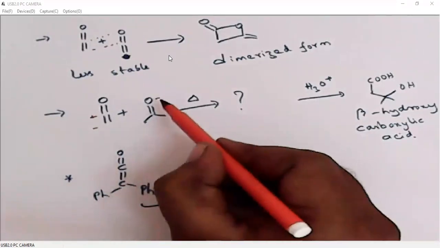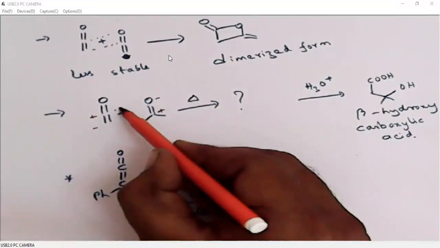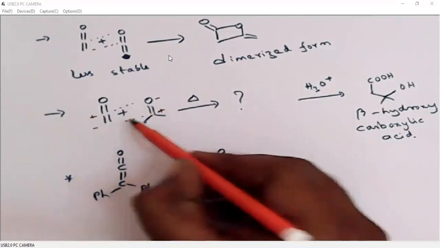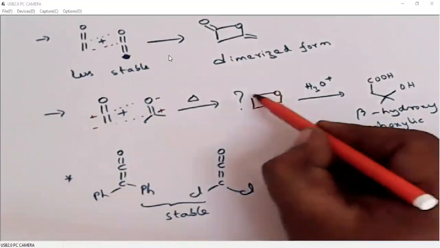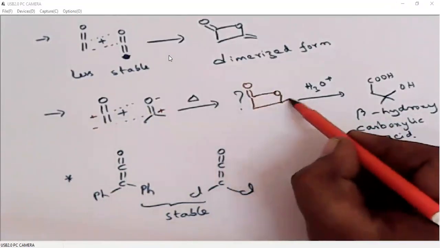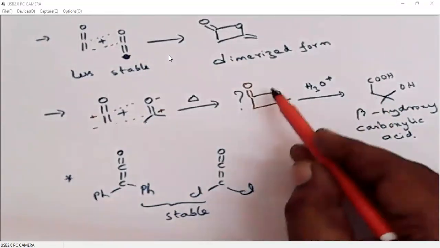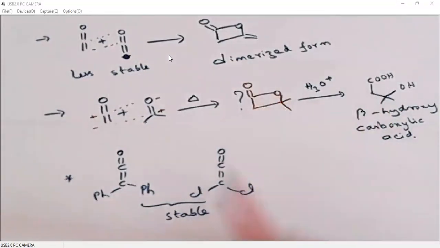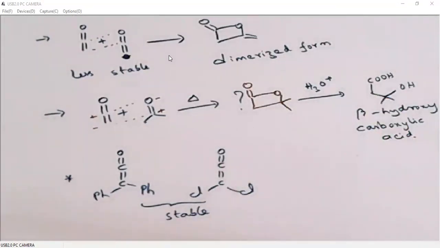Here the carbonyl has negatively charged oxygen and positively charged carbon. So there will be a bond formation like this. This generates a four-membered lactone, which upon hydrolysis will break the lactone functional group, so it will become carboxylic acid and alcohol.